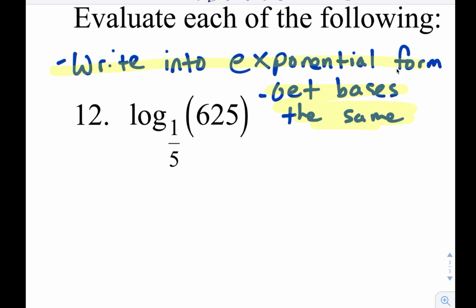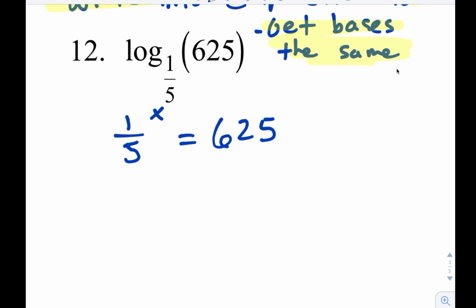Okay, so the first one is log of 1 over 5 of 625. So 1 over 5 to some power is going to give me 625. All right, so both of these are going to have, I think, base 5 in common. So base 5. All right, so 1 over 5 is the same thing as 5 to the negative first.